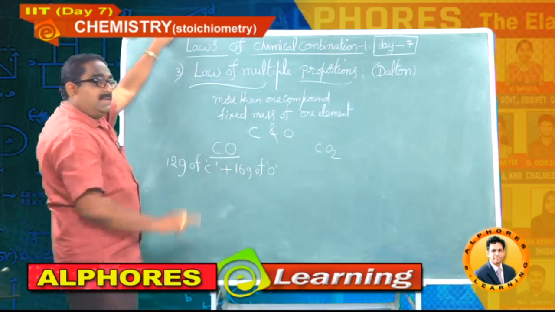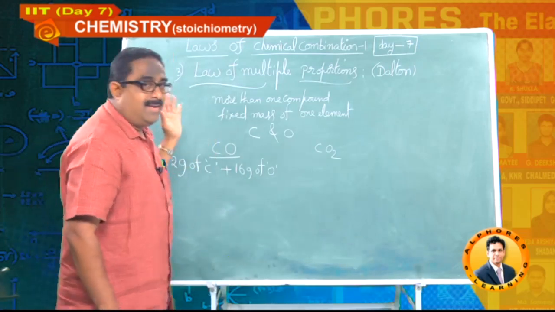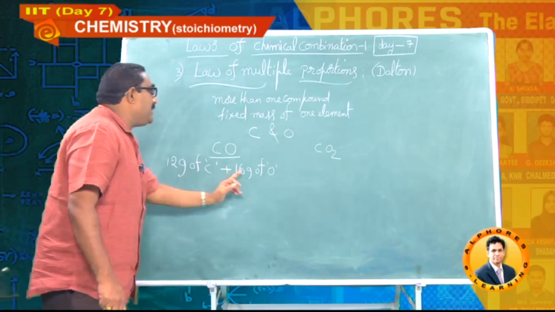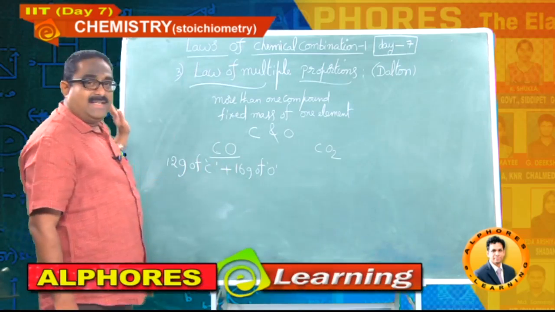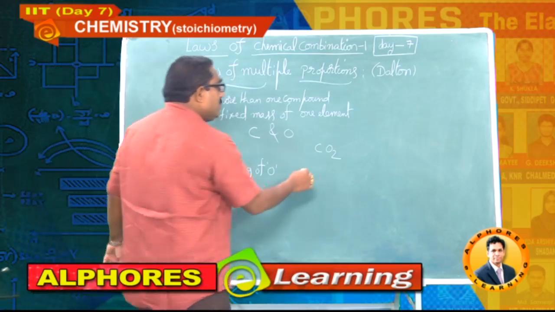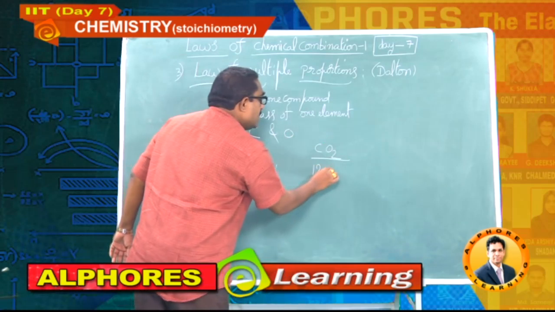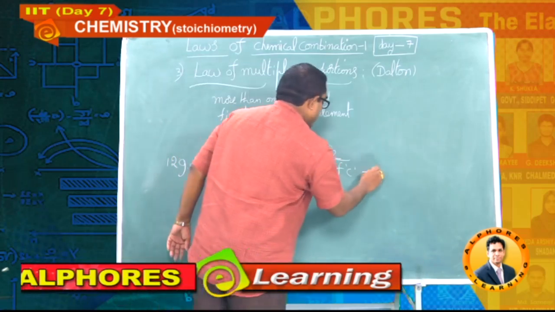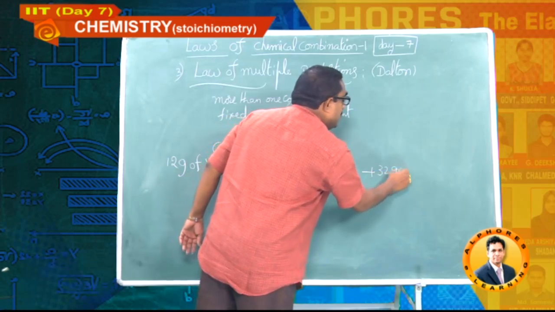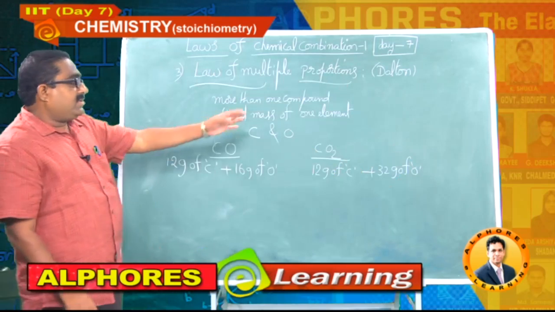It is constant for carbon monoxide as per the previous law, that is law of definite proportions. This we are not supposed to change. Okay, fixed. And coming to carbon dioxide, same. 12 grams of carbon you can simply write combines with 32 grams of oxygen. That is also fixed. Okay.